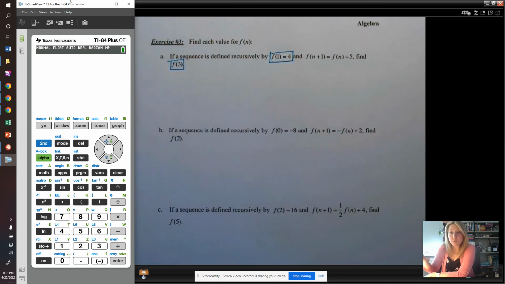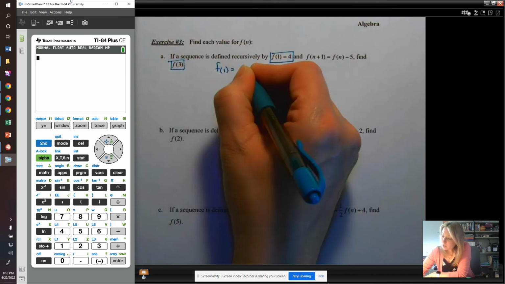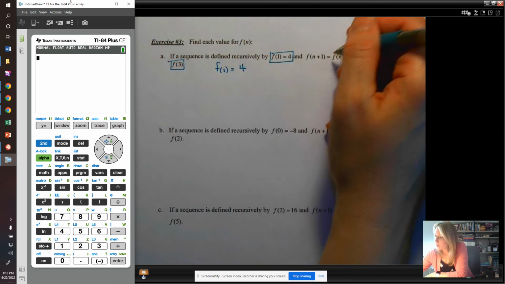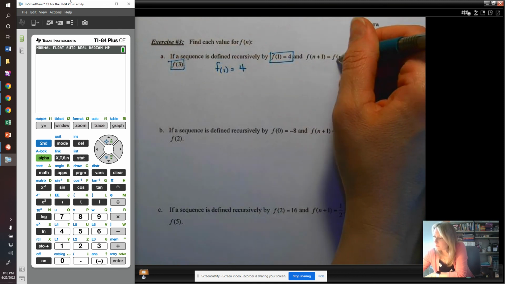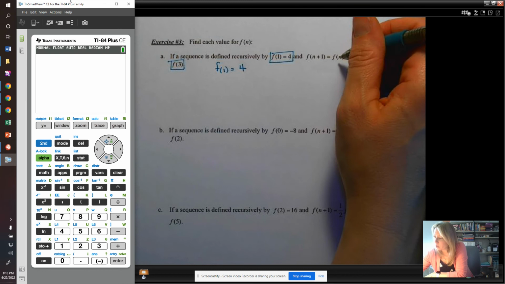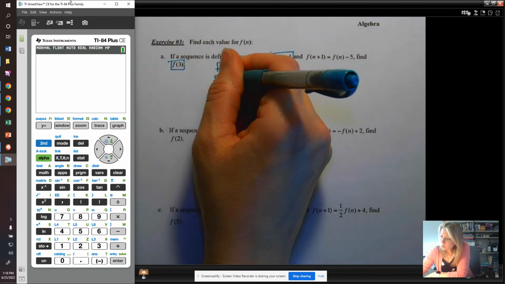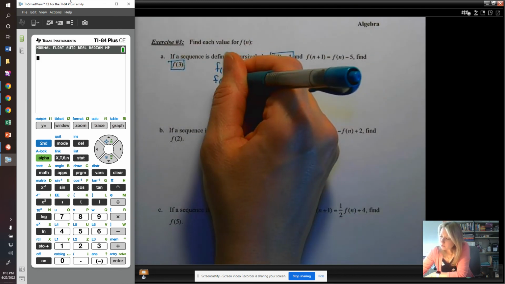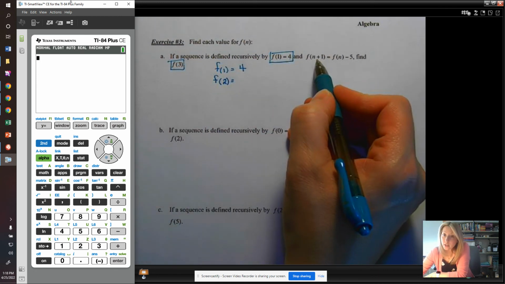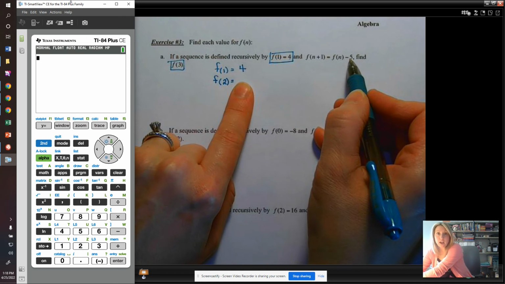And since it's defined recursively, we have to use our previous term in order to find the next term. So notice what we do is we know the previous term, let's find the next term. So if f of 1 was 4, f of 2 takes that 4 and subtracts 5 from it.